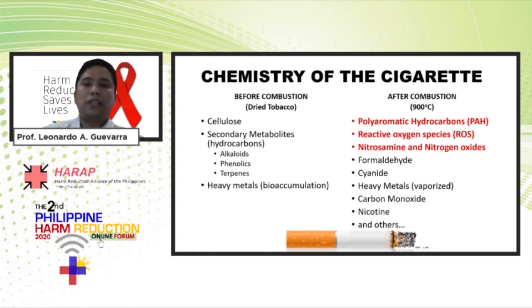Of all these toxic substances found in the combusted cigarette, I will focus on these three: the polyaromatic hydrocarbons, reactive oxygen species, and nitrosamine and nitrogen oxides, as they are the main ingredients in the cigarette smoke that cause these two diseases that I have already mentioned.